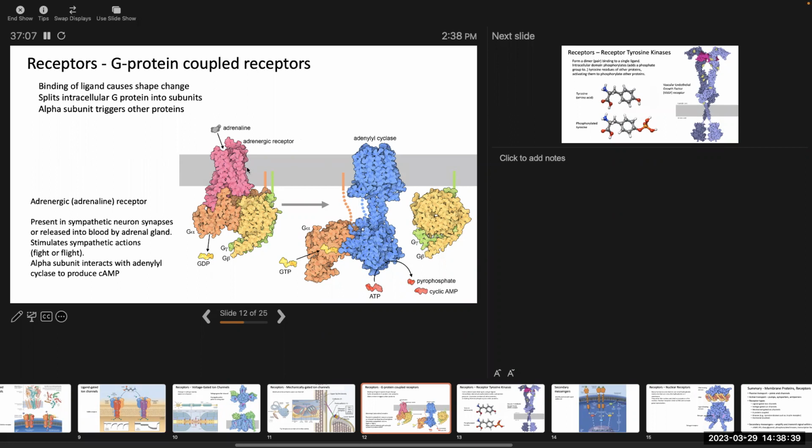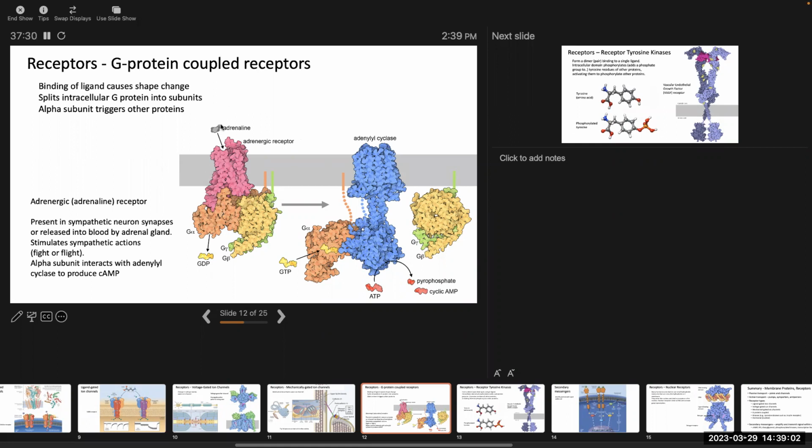So here's an example of a G protein coupled receptor. This is an adrenergic receptor, meaning it responds to the binding of adrenaline. Once again, the gray represents the cell membrane, and the pink is the actual adrenergic receptor itself.